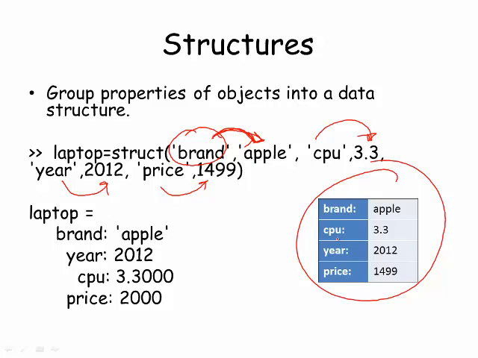On the left-hand side, I have my field names. On the right-hand side, I have the values of each of those fields. And the values do not have to be the same data type. I can have different data types for each field.